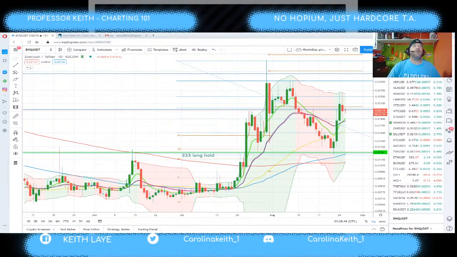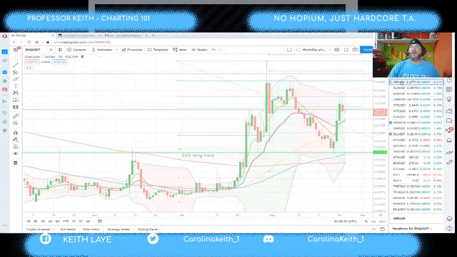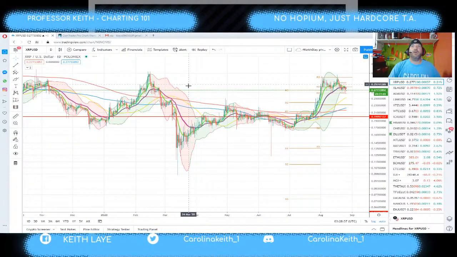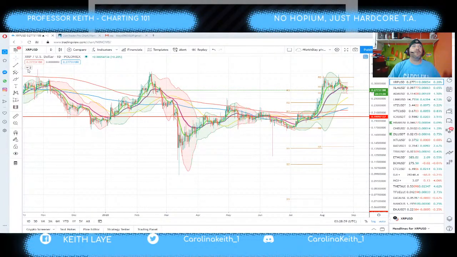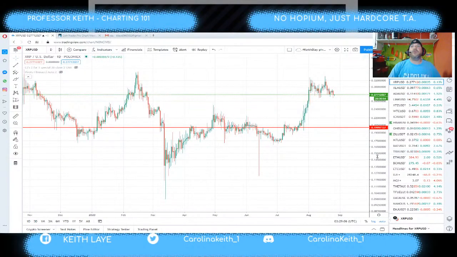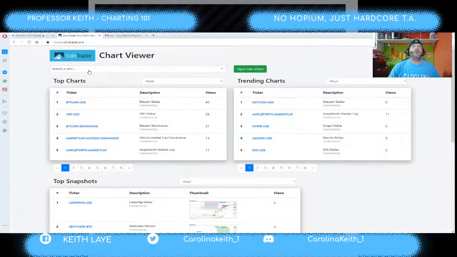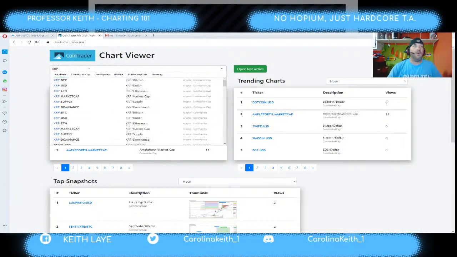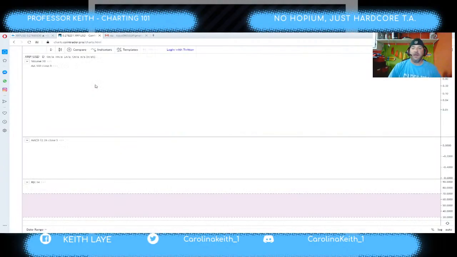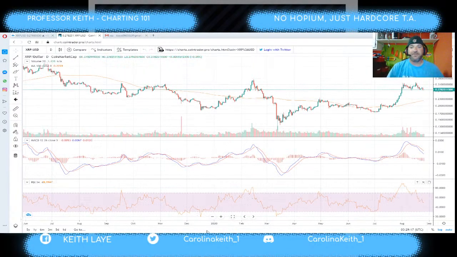All right, so let's get the big chart pulled up here of XRP. There we go. I'm going to use this Poloniex chart on TradingView, and I'm also going to use CoinTrader here because there's more data there and I can explain it a little better.